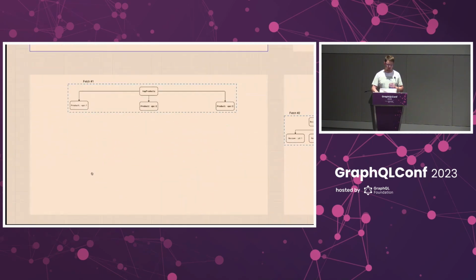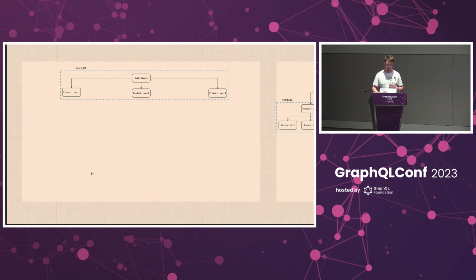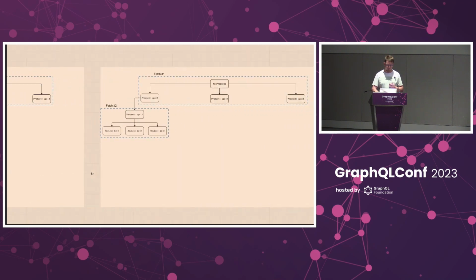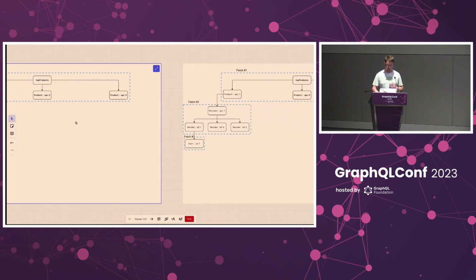If we illustrate what would actually happen, so first we make a fetch, we load the top products, that gives us 3 products, and now we walk depth first into the left outer review and load this review here.